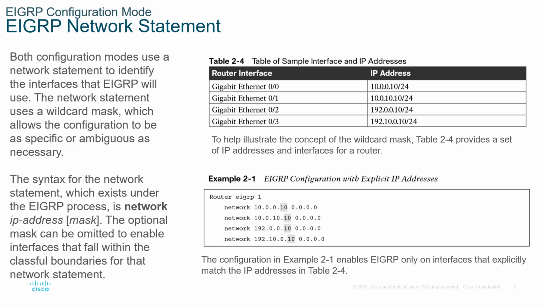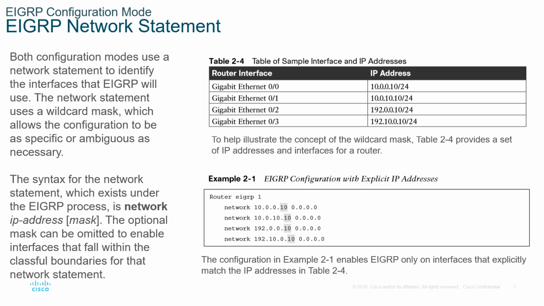In this example, we're using 1. And we're putting in the interface address and putting in quad zeros after it. So we're using a very explicit IP address in to identify the network and the interface.